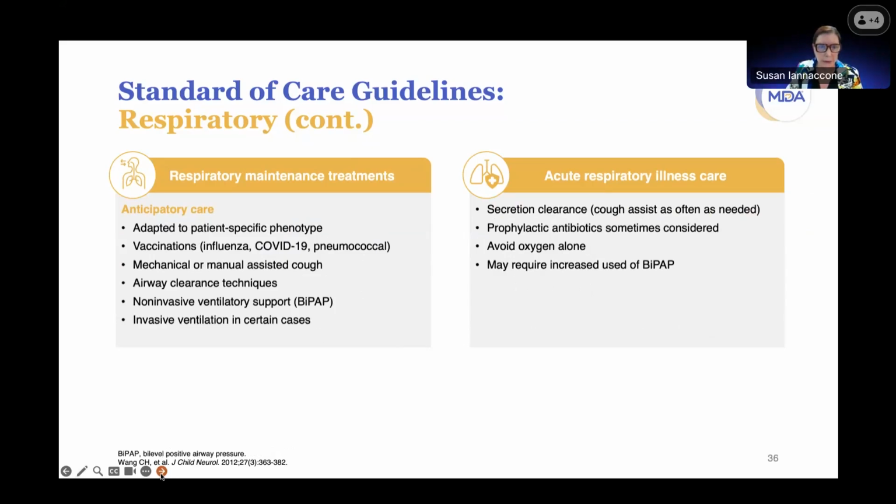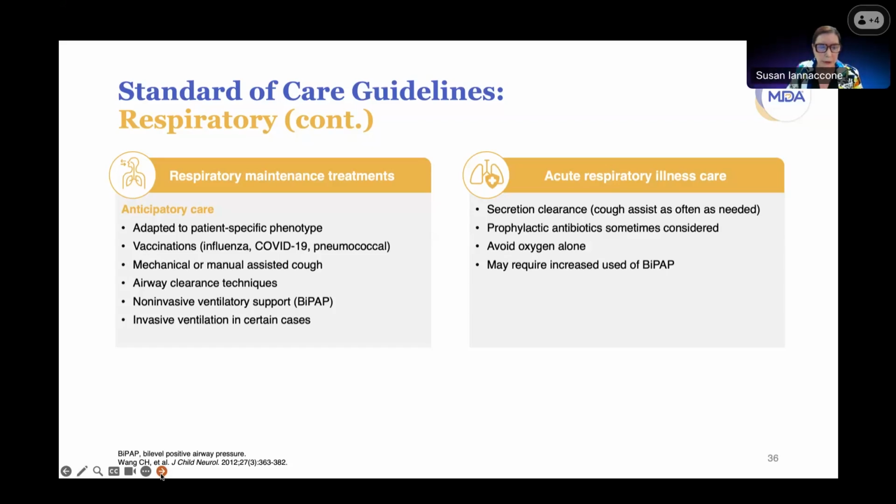So respiratory maintenance treatments have to be adapted to the specific patient. We always recommend keeping up to date with vaccinations. We want to do everything we can to prevent the patient from developing an infection. Any infection can trigger respiratory failure. So for these patients, we want to be extremely vigilant and make sure they get all their vaccinations.